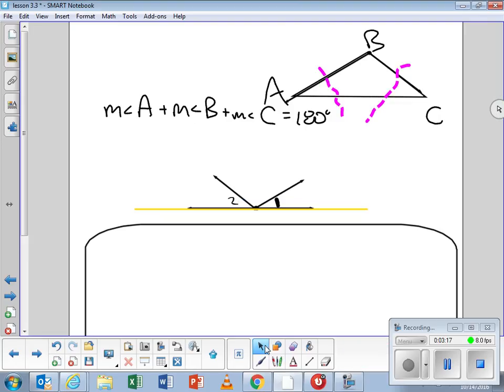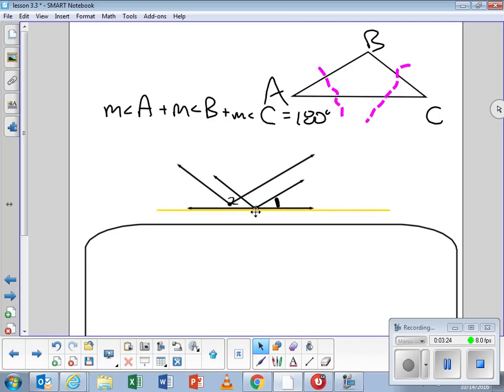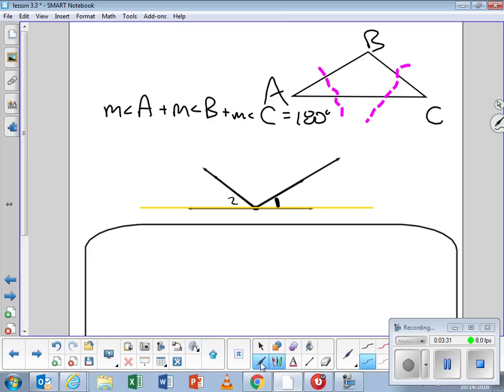And my angle 3. I've got to put them so that they share the common vertex and the common side. Okay? So it should look like this.